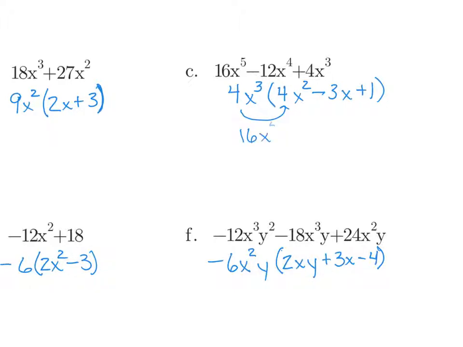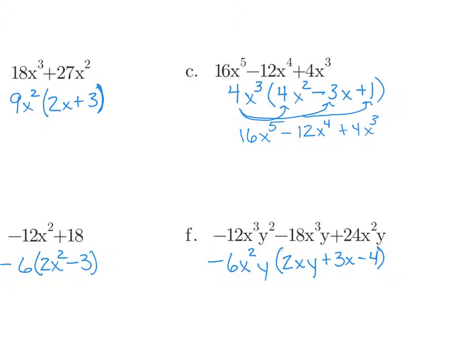Add our exponents, we get x to the 5th. We have 4x cubed minus 3 times negative 3x gives us minus 4 times 3 is 12. X cubed times x, we add our exponents, we get x to the 4th. And then 4x cubed times 1 is plus 4x cubed.